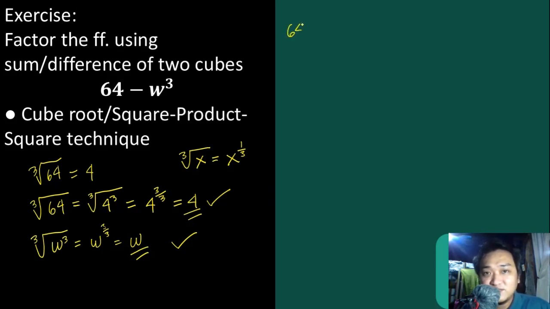So, 64 minus W cubed is the same as the quantity 4 minus W. Again, tatakpan uli natin tong si 64 minus W cubed para hindi tayo malito kasi syempre magkatabi sila. Baka kasi ang kinukuha yung squares yung nasa problem. Hindi po ito yung pupukusan natin, si 4 minus W cubed. So much better na takpan na lang natin yan.